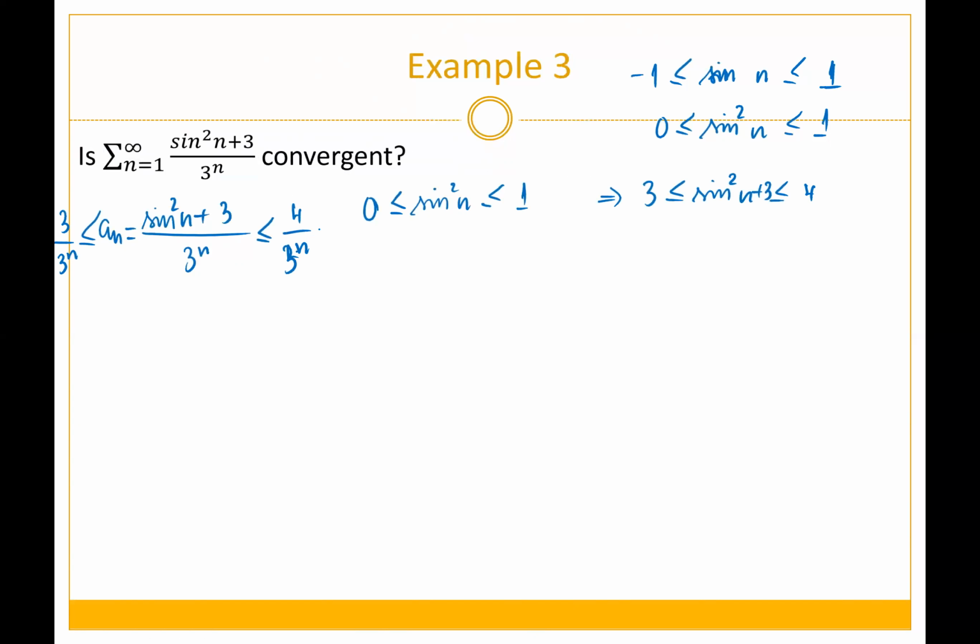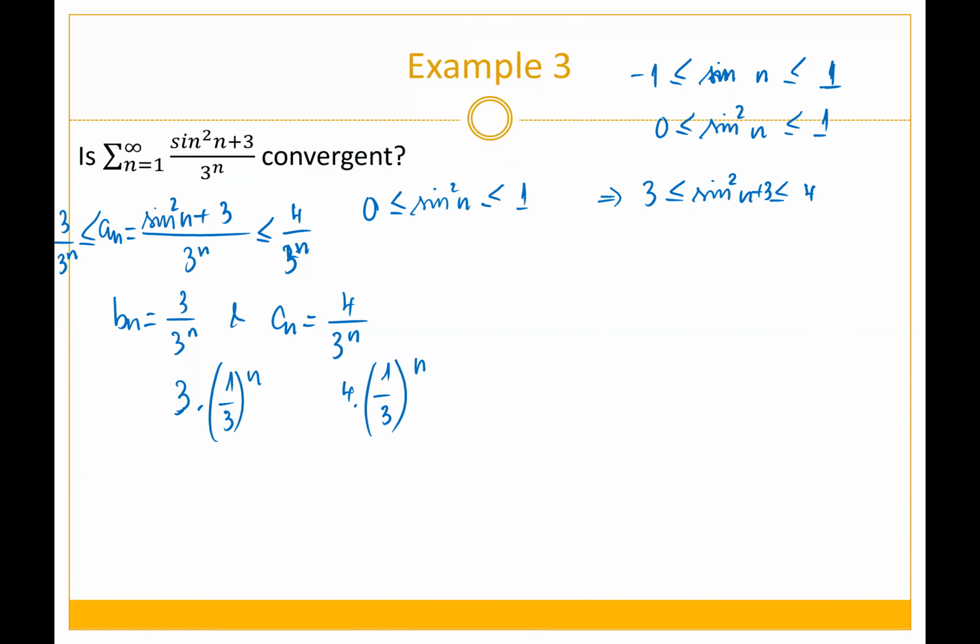Looking at the two functions, b_n is 3 over 3 to the n, and c_n is 4 over 3 to the n. You can easily rewrite these in the form of a geometric series: 3 multiplied by 1 over 3 to the n, and 4 multiplied by 1 over 3 to the n.